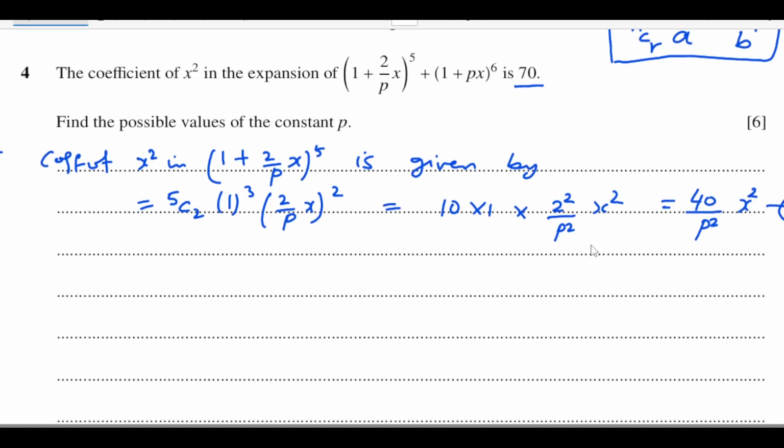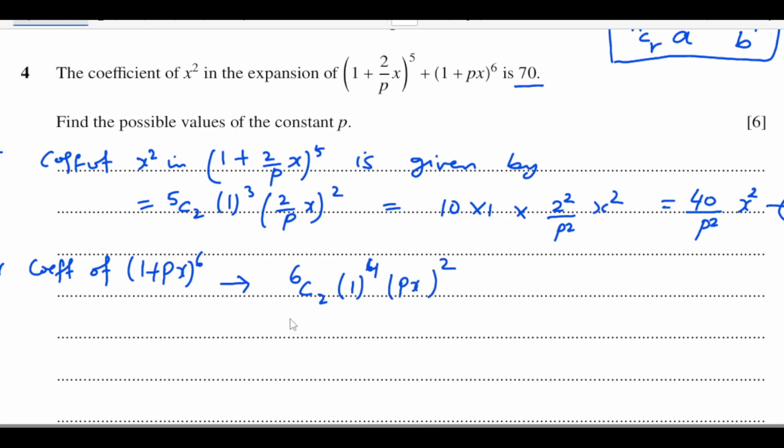Now the same we will do in the second one. For the coefficient of x squared in (1 plus px) power 6, we will use the same formula, nCr. Here n is 6, so it will be 6C2, 1 power 6 minus 2, that is 4, then (px) power 2.